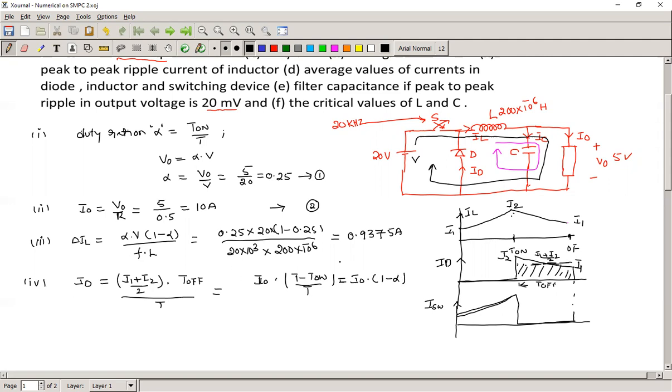Already we know I0 is 10 amperes, and the duty cycle is 0.25. We are getting nearly 7.5 amperes.